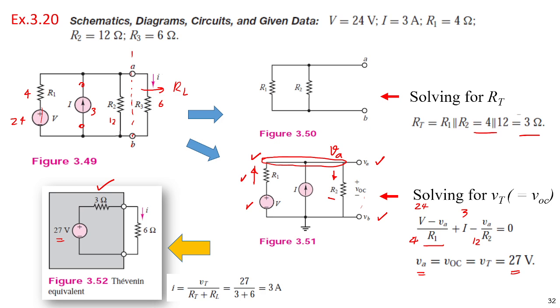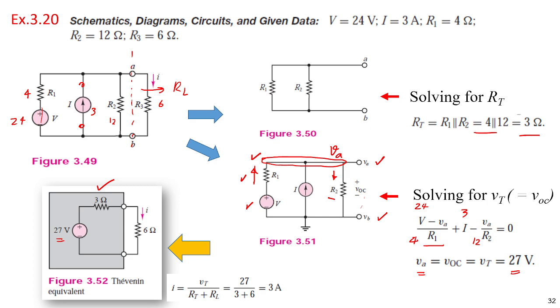So you don't want to solve the original circuit really often. So what is the current? You get 27 divided by 9. This we call the Thevenin equivalent circuit.